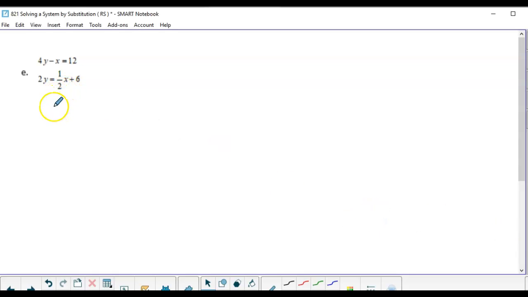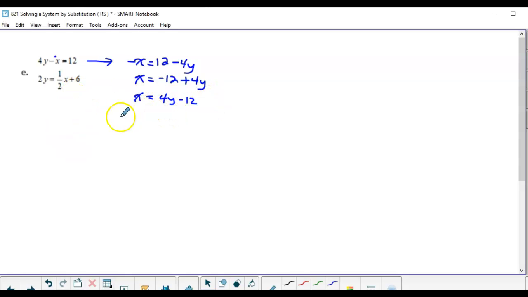Next one, not solved completely for y. This one has a coefficient of 1. So I'm actually going to solve this one for x. Okay, so that's going to be negative x equals 12 minus 4y. And so x equals negative 12 plus 4y, which you could also show as 4y minus 12.